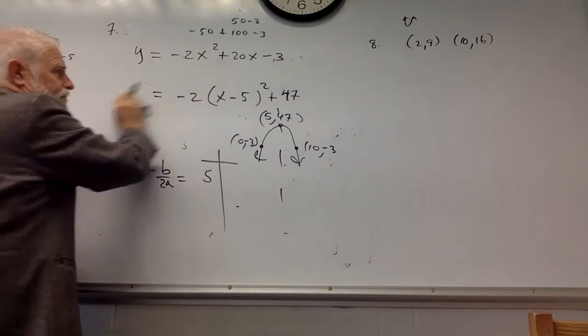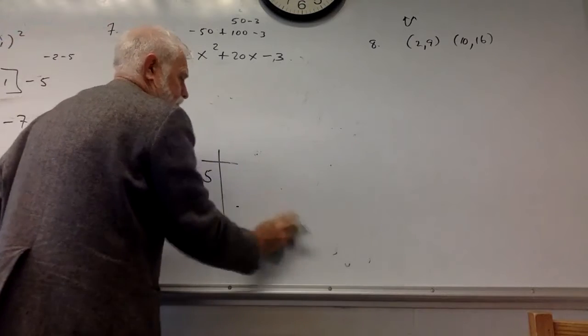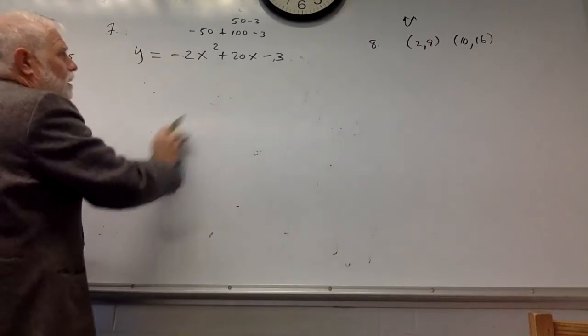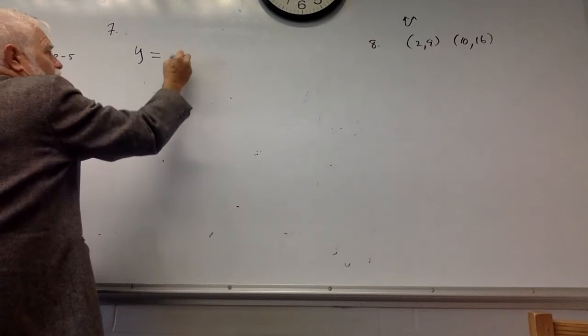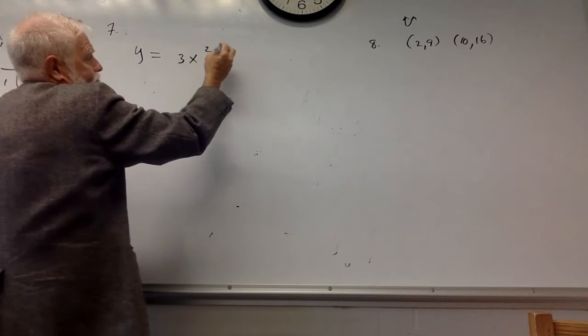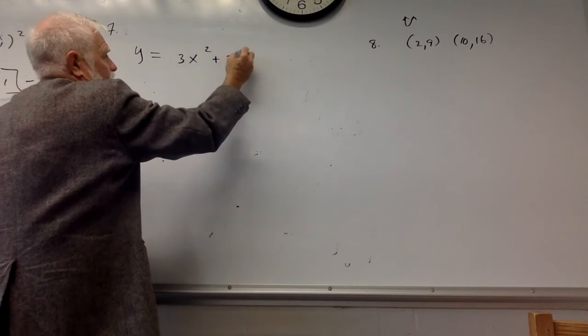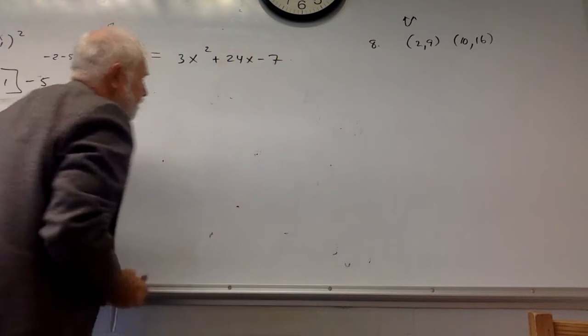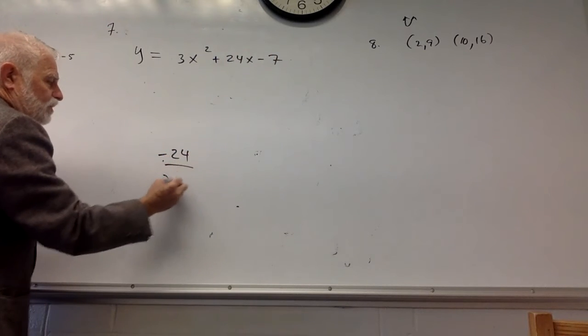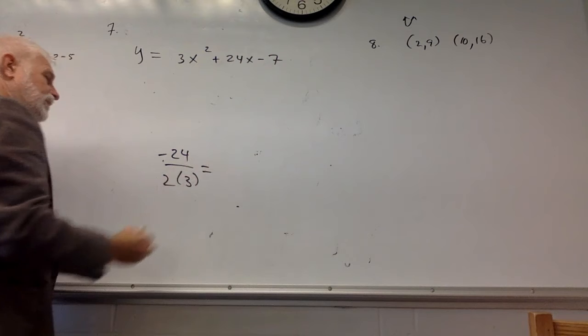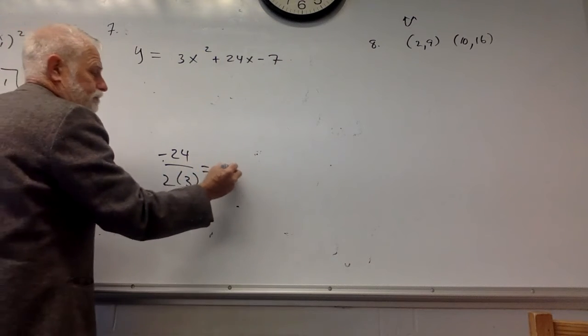Let's do another one. Let's do 3x squared plus 24x minus 7. All right. Minus b over 2a gets me negative 4.